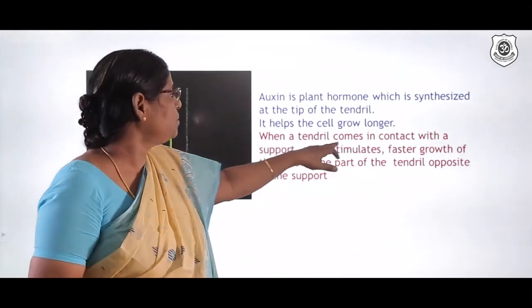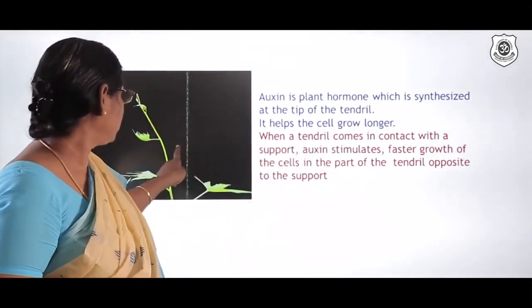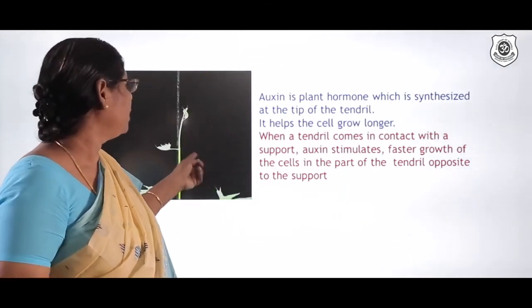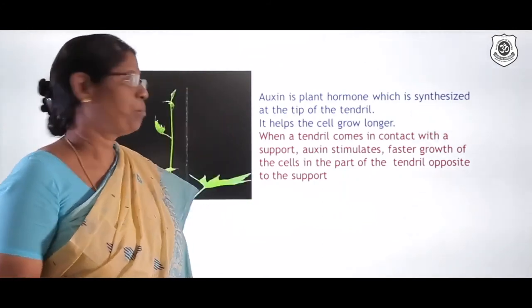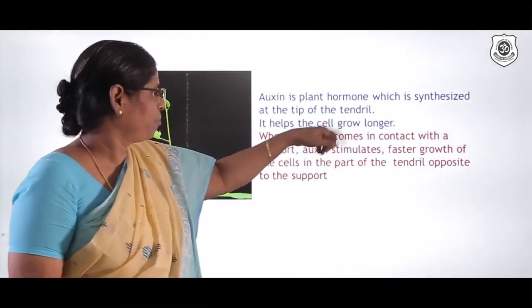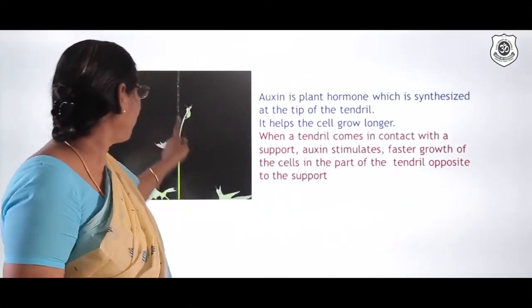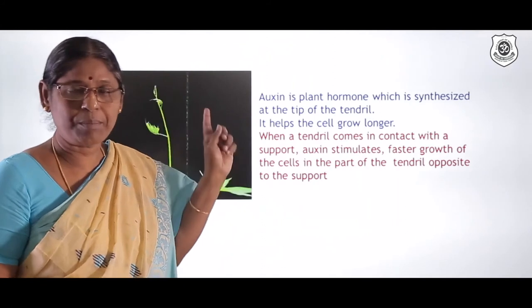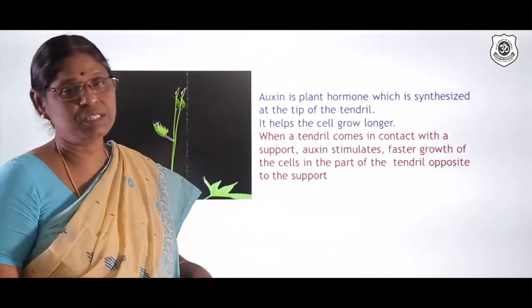When a tendril comes in contact with the support, see, this is the support. Let us imagine this is a support. This tendril, when it comes in contact with the support, auxin stimulates faster growth of the cells in the part of the tendril opposite to the support. As I told you, the shoot tip, what happens? Opposite side only more of auxin is diffused.